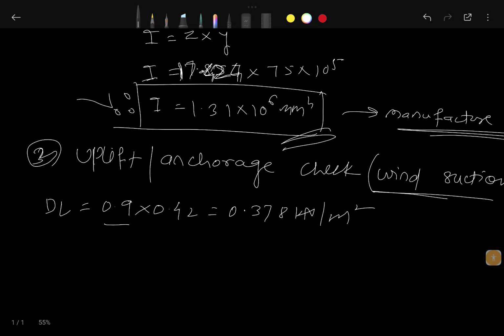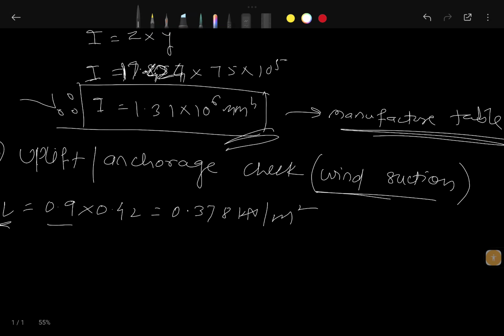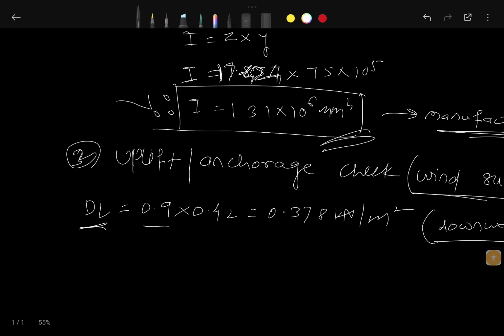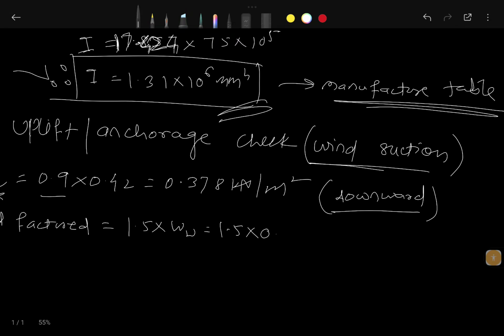This dead load will act downward. And second one, the wind factor. The value will come 1.5 into wind load, so 1.5 into 0.96, the value will come 1.44 kilonewton per meter.